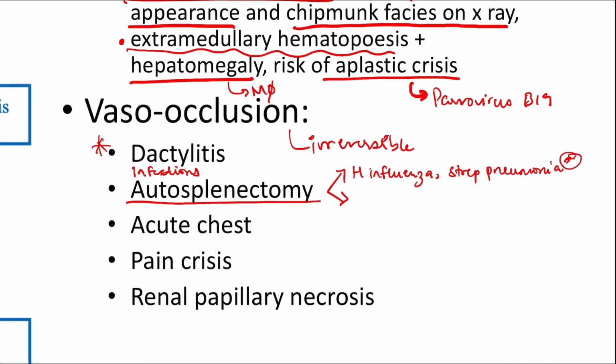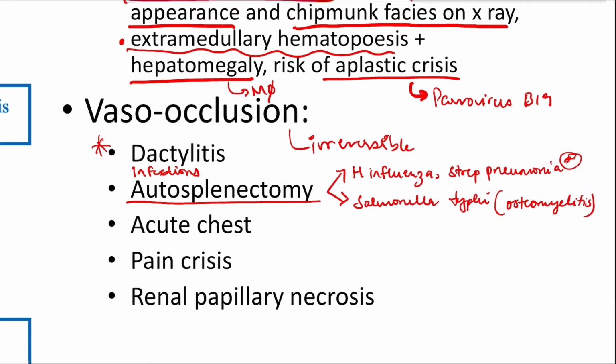It's the main cause of death in children especially. And in adults, you have Salmonella typhi. And this is another very important organism to remember. So Salmonella typhi causes osteomyelitis in adults and pneumonia in children.